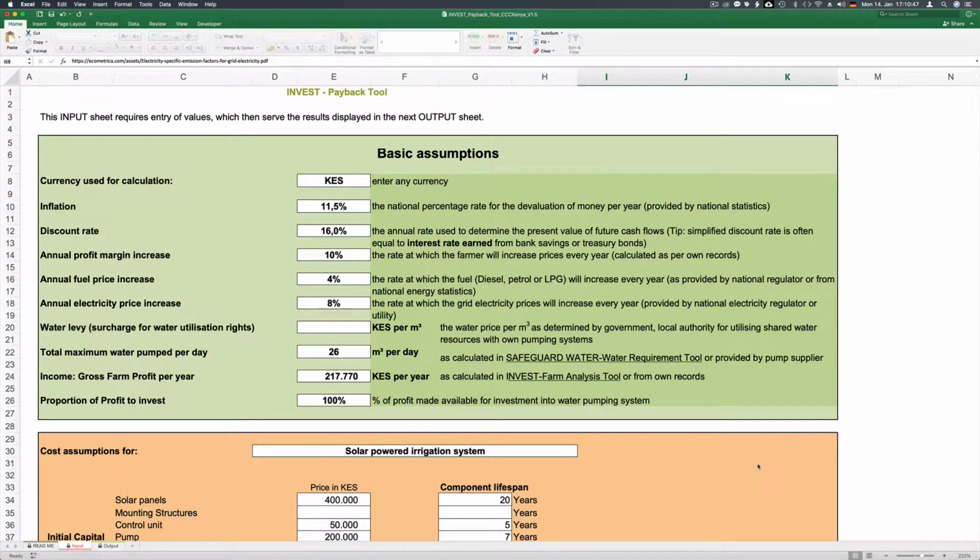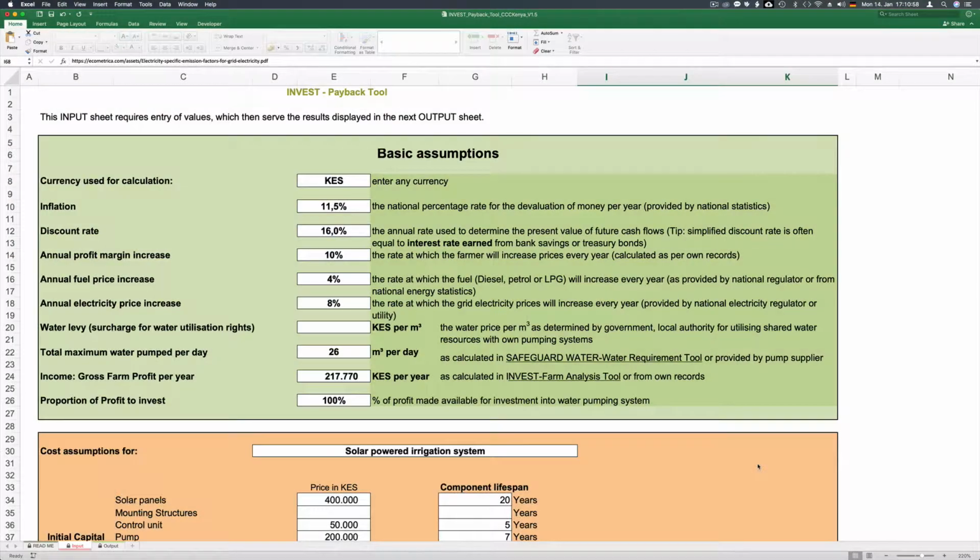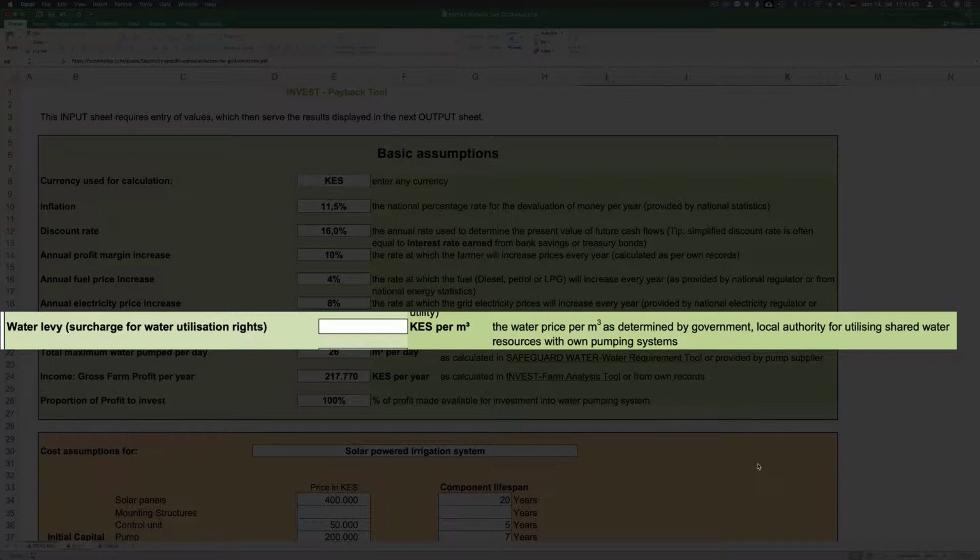For example, the discount rate, that is the annual rate used to determine the present value of future cash flows, which is 16% in our case. There is no water levy in Kenya, for example, a surcharge for water utilization rights.